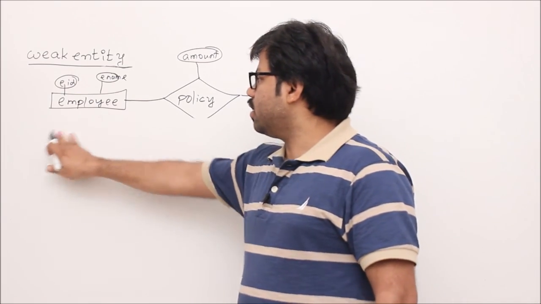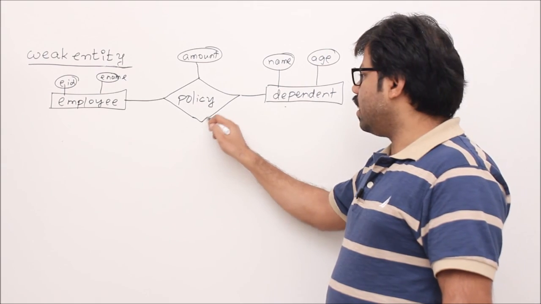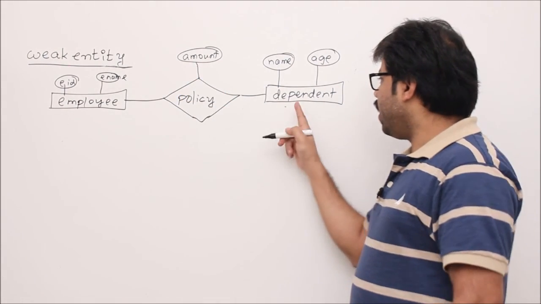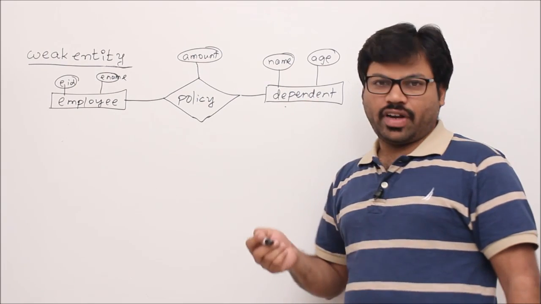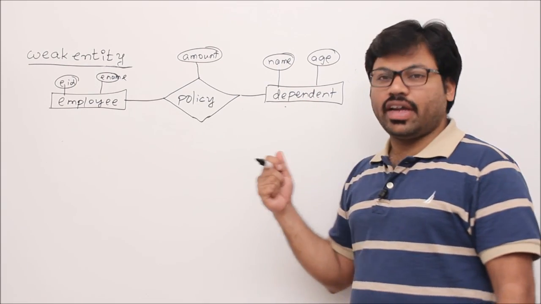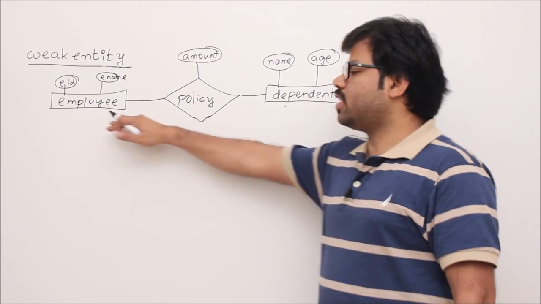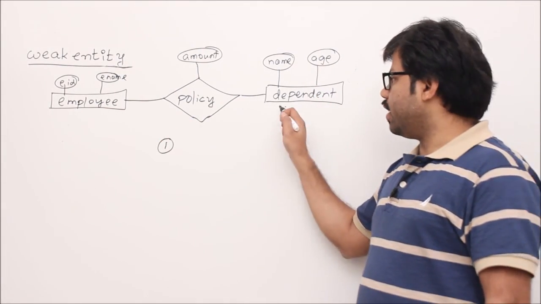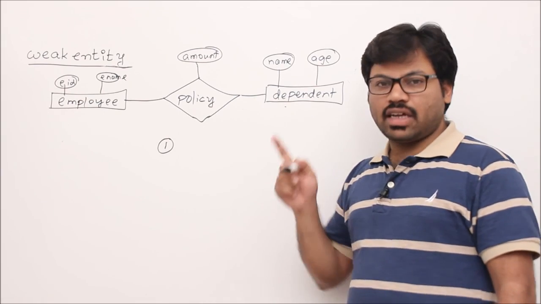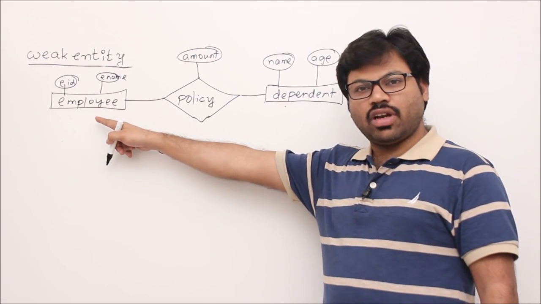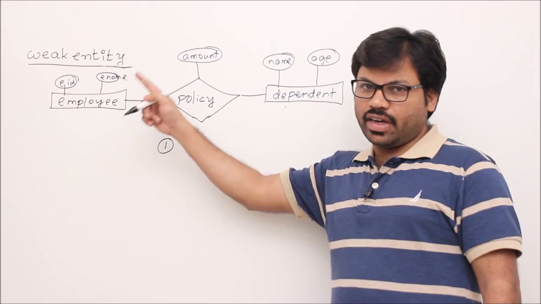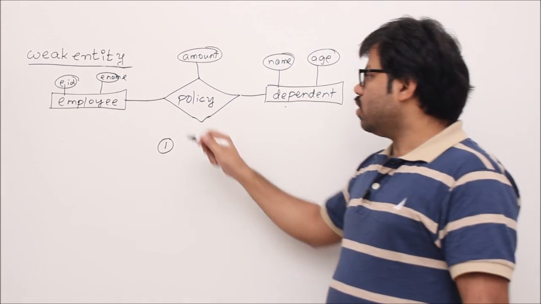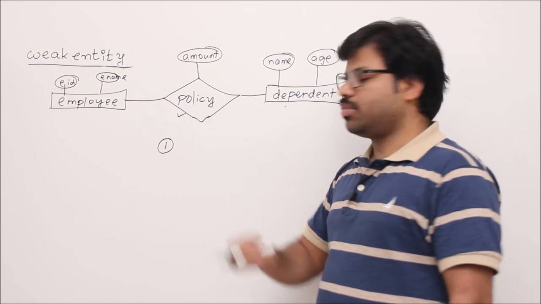So remember that. Now this policy is called an identifying relationship, because every weak entity should be identified, recognized by some strong entity, correct or not? That's why, through a relationship, remember it, one necessary condition from now onwards: every weak entity should be recognized or identified by at least one strong entity, and for that it should participate in the relation. So this is such a relationship, correct?